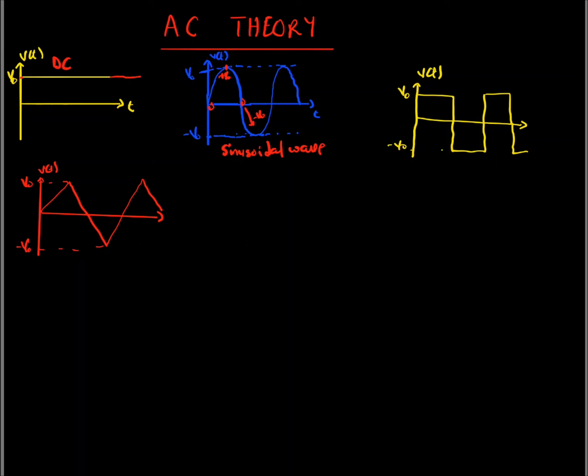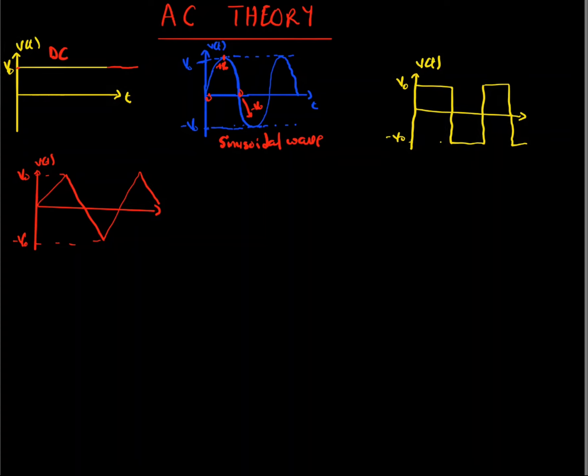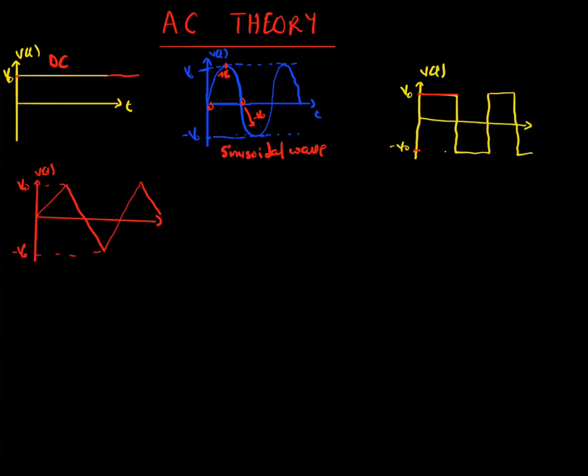Another alternating waveform is this. The signal stays constant for some time, sharply goes to negative V0, and then again moves back to positive V0.